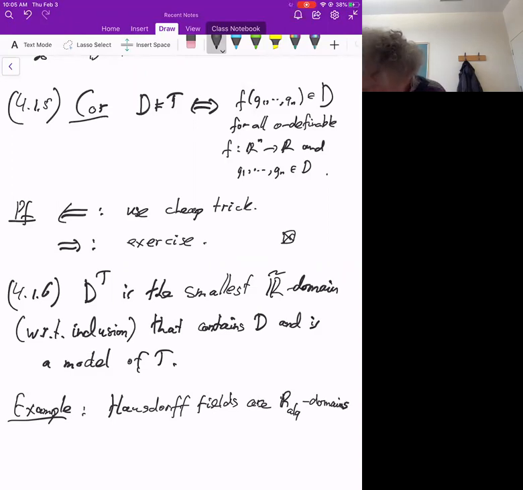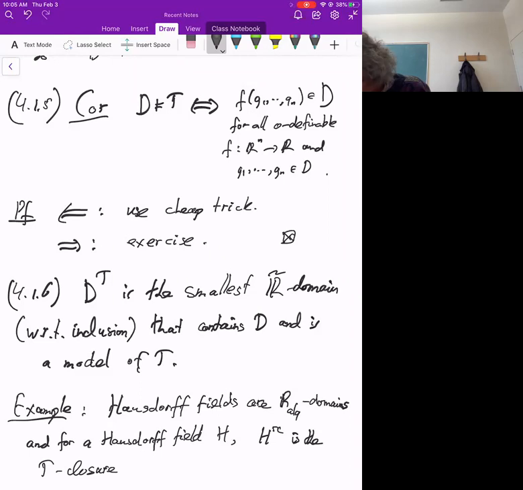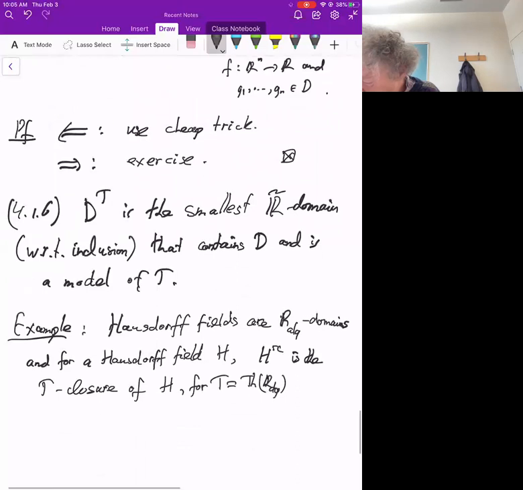And for the Hausdorff fields, the real closure of H is simply what we call here the T closure of H, for T the theory of real closed fields, axiomatized by the usual axioms for real closed fields.